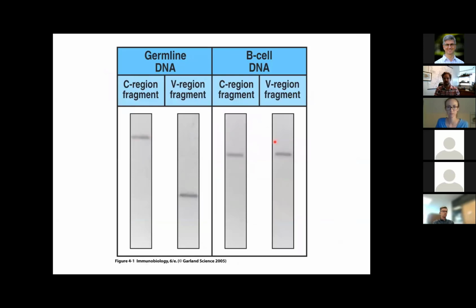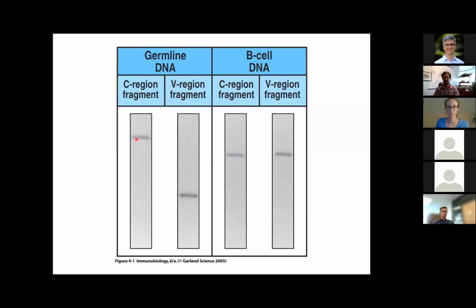this is very primitive molecular biology using Southern blots, which we don't have to go into the details of, but they were ways of looking at the organization of DNA by just looking at the size distribution of fragments made through cutting of the DNA.